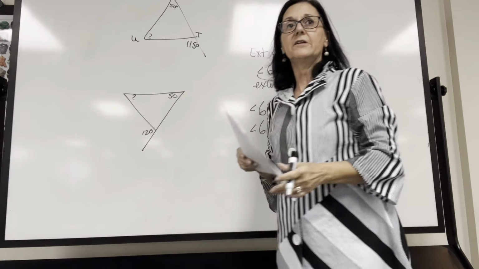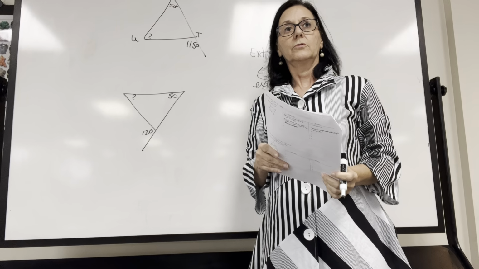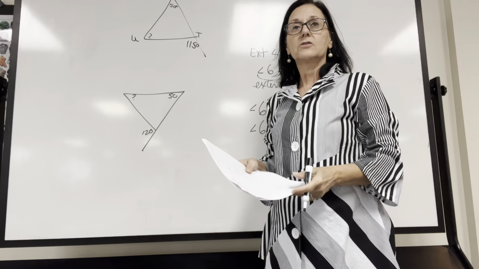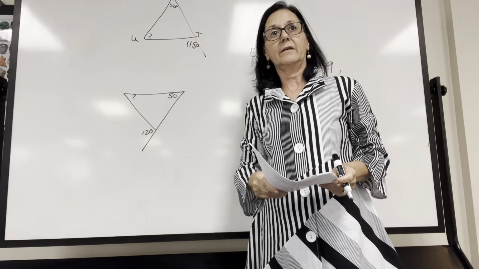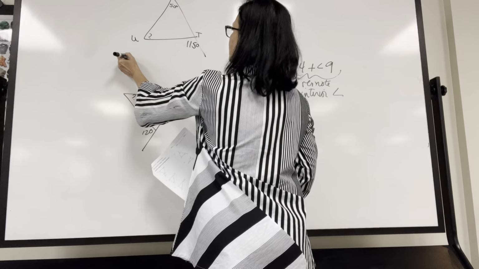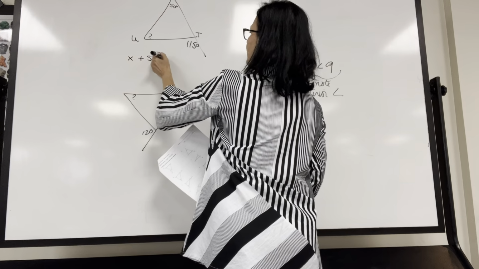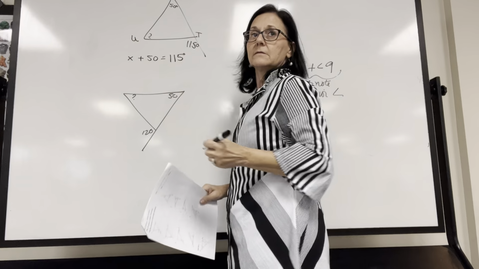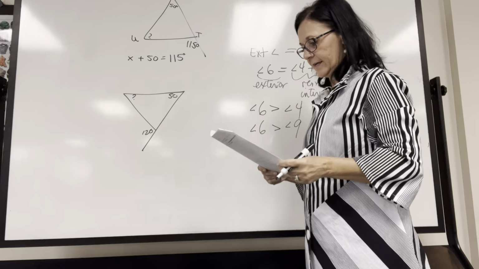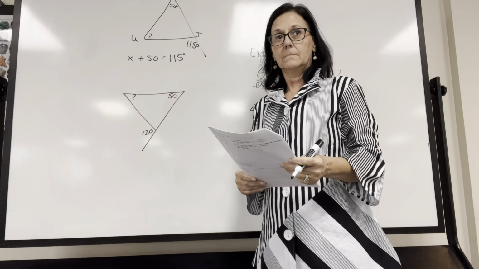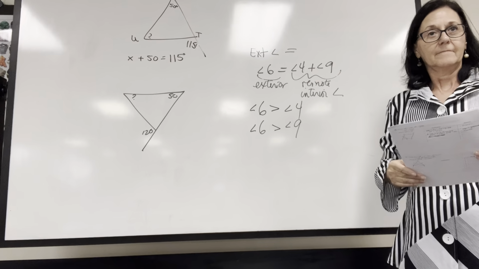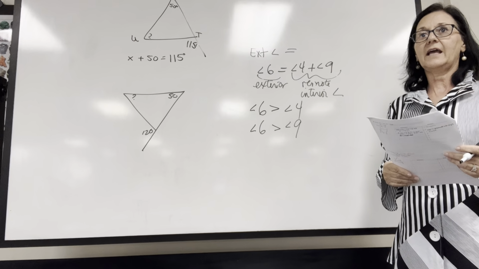What are the two remote interior angles? Angle V and angle D. So angle U plus angle V has to equal that. So what plus 50 equals 115? Some number plus 50 degrees has to equal 115 degrees. Oh, I thought that degree symbol was a 0. It does look like a 0 on the board. Make sense? Yes. Everybody understand that?